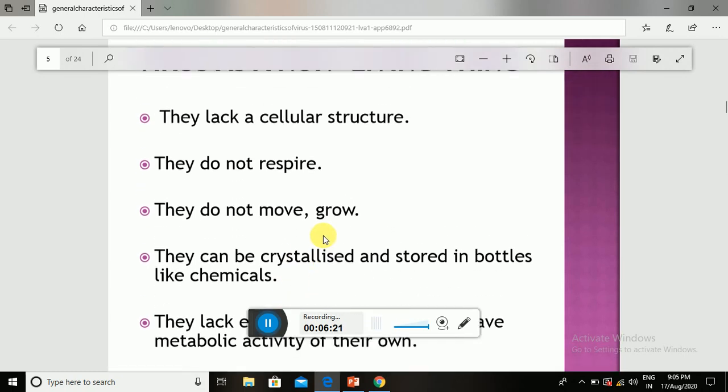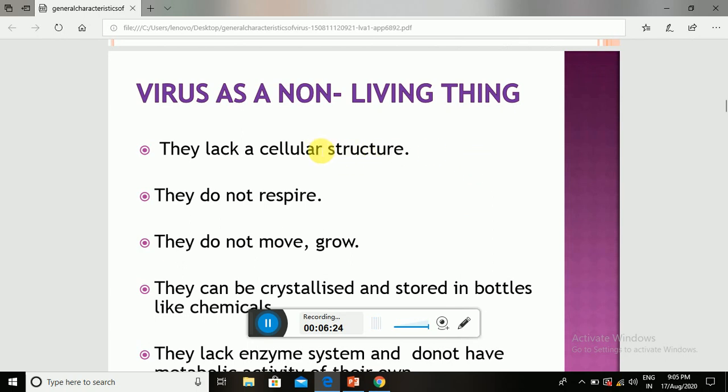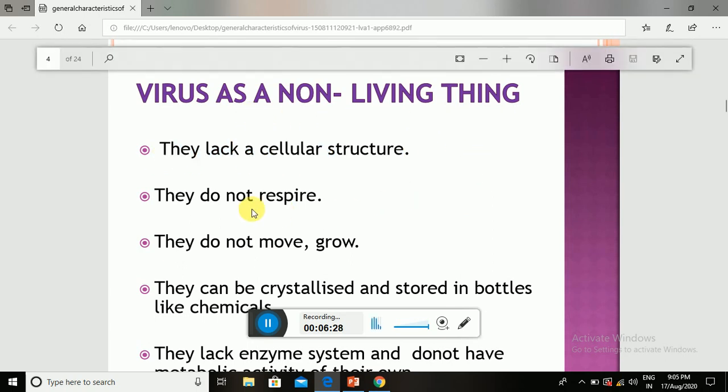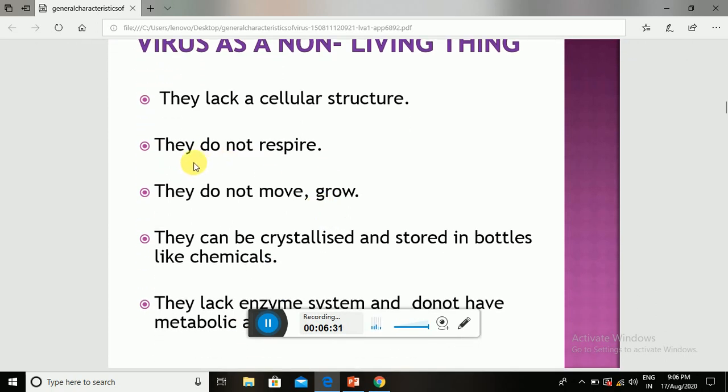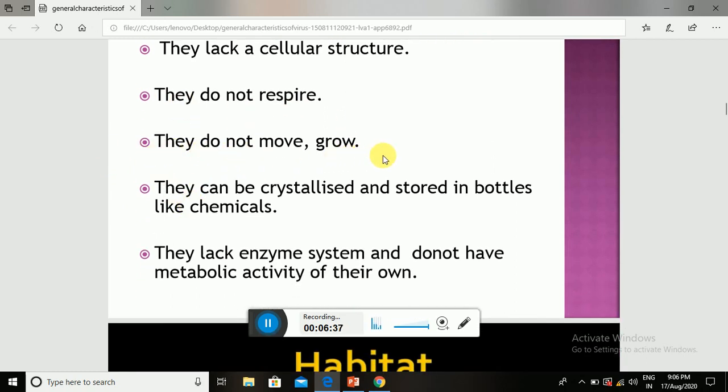So why are viruses known as non-living things? First, they lack a cellular structure. Then they do not respire, because they have no respiratory machinery or respiratory organ. They do not move or grow; they are unable to move from one place to another, or to grow, without a host.